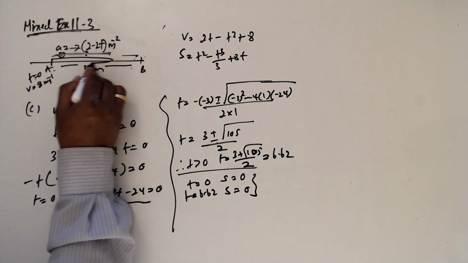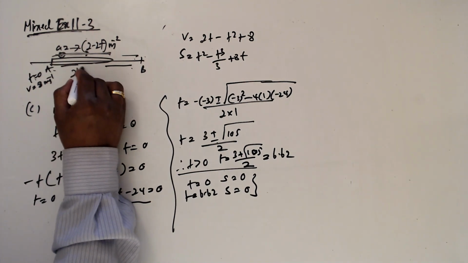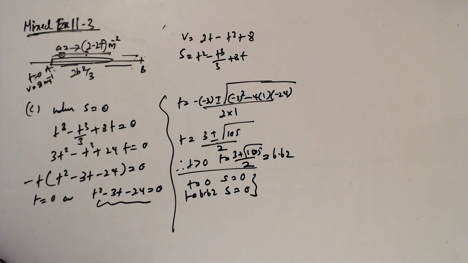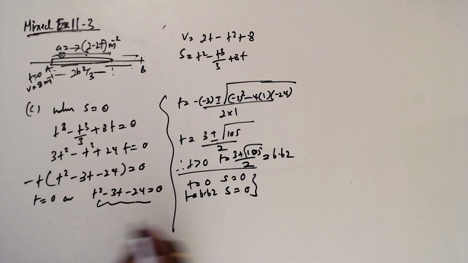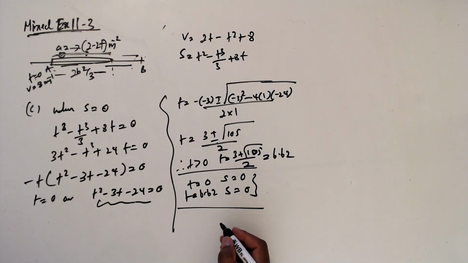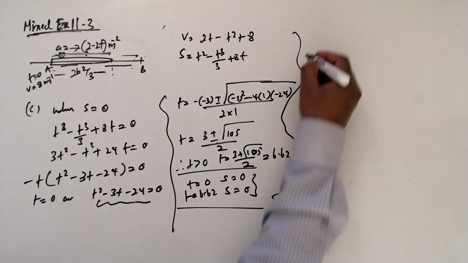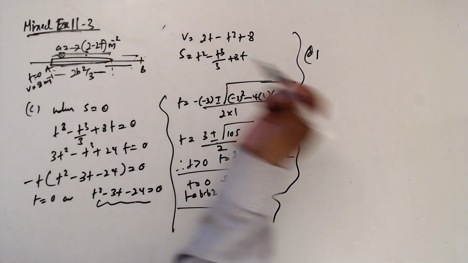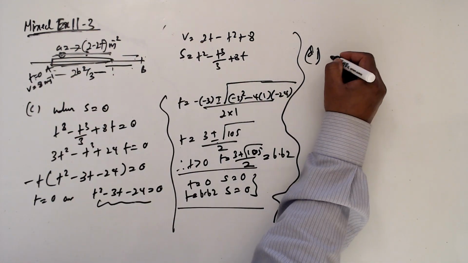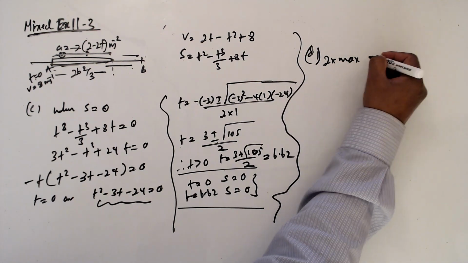Let's go half of the way, then it comes back. Half of the way means it is 26 2 over 3. So one side distance is 26 2 over 3. Then we want to find part D, find the distance traveled by P. So distance traveled is 2 times the max distance.